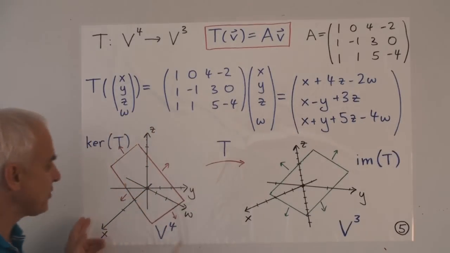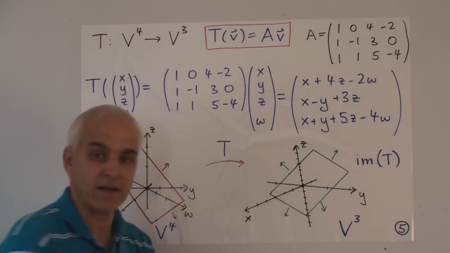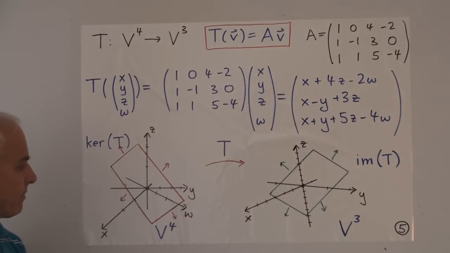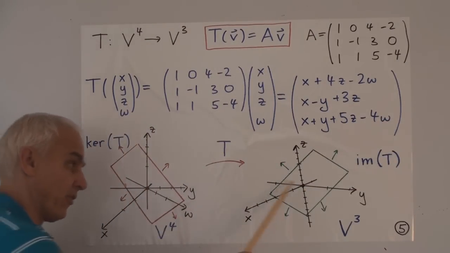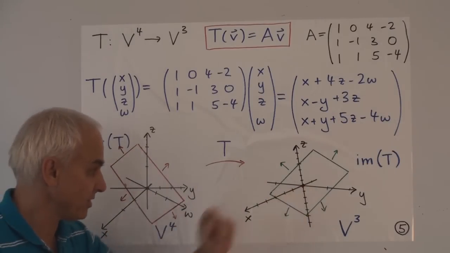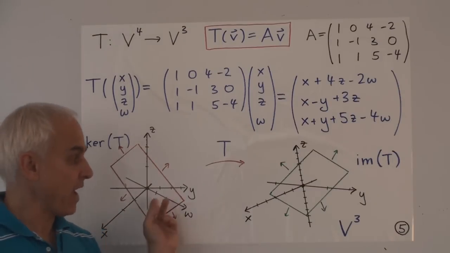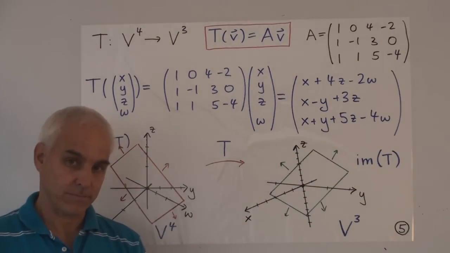So which of the vectors in the initial space get sent to the 0 vector? Certainly the 0 vector always gets sent to the 0 vector, because a linear transformation always sends 0 to 0. But there very well might be other vectors that get sent to 0.